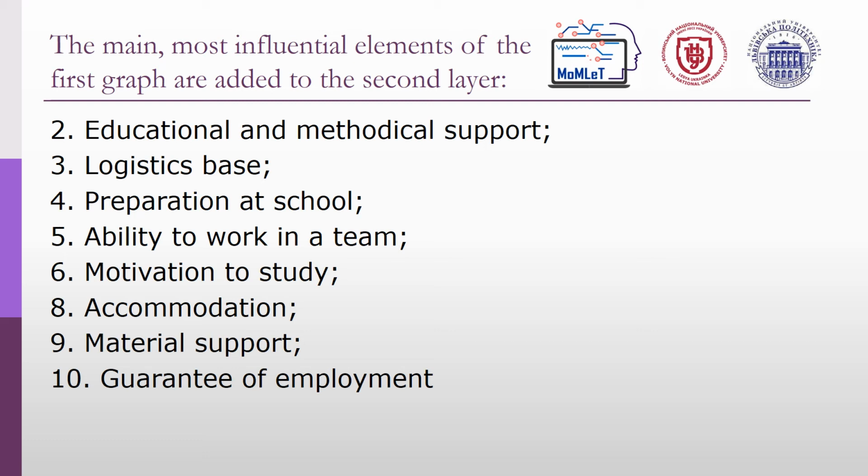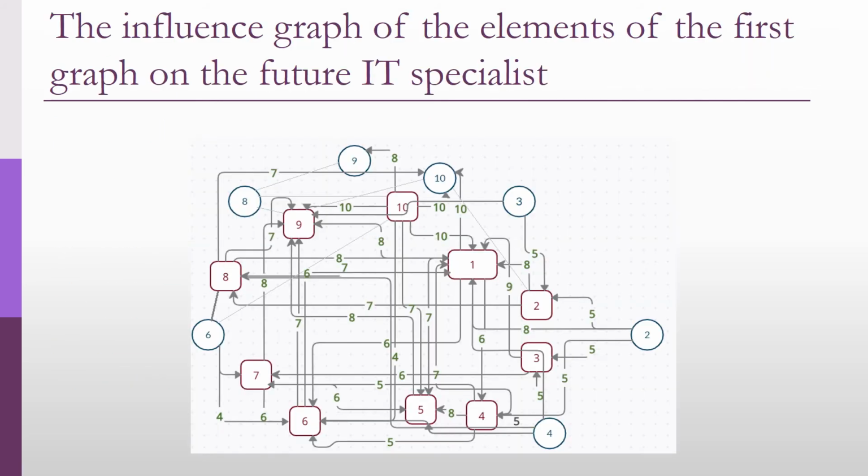In order not to mix up the elements of the second graph with the new 10 qualities, mark them by circles. By analyzing the second graph, we see how the choice has become even more difficult. The main qualities were knowledge, 9 influences, achieving the goal, 10 influences.